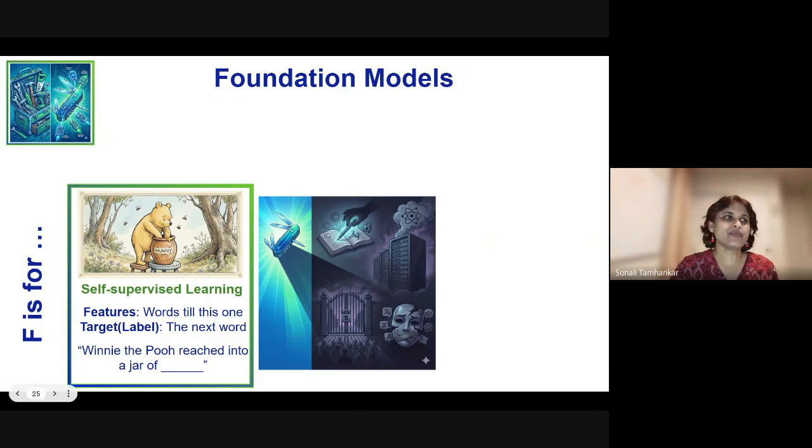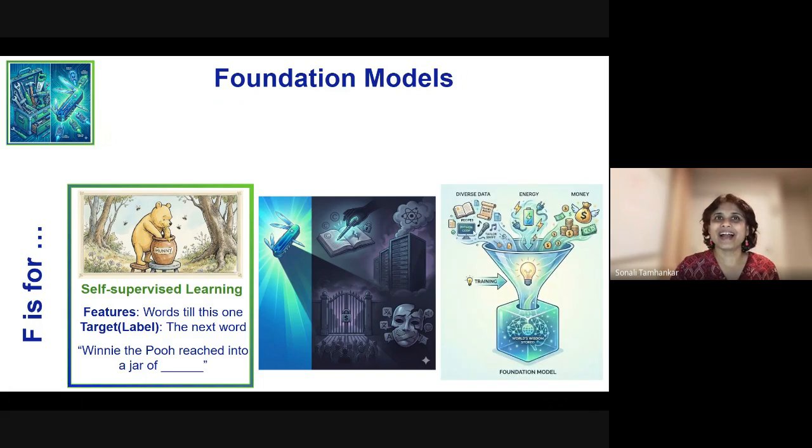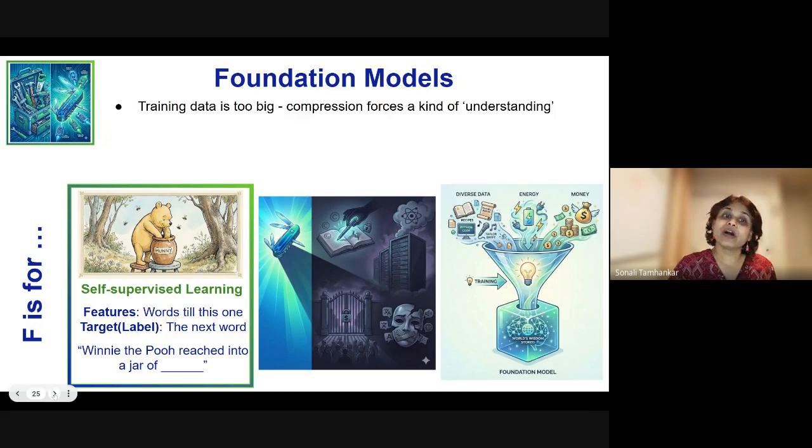But let's say we have thrown all this data and energy and money at the model and trained this foundation model that is now doing a good job at getting the next word right. Now remember, these are generic models where the topic can be anything. It can be a recipe, it can be Shakespeare, general theory of relativity, a Python code, Taylor Swift. To do a good job predicting the next word on all of this training data, the model has to compress the information somehow.